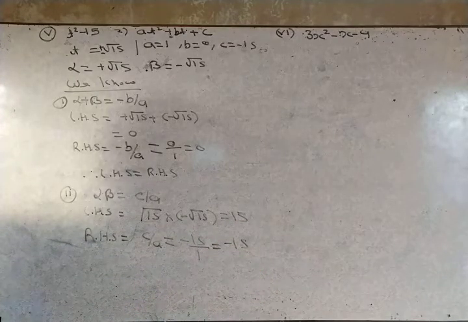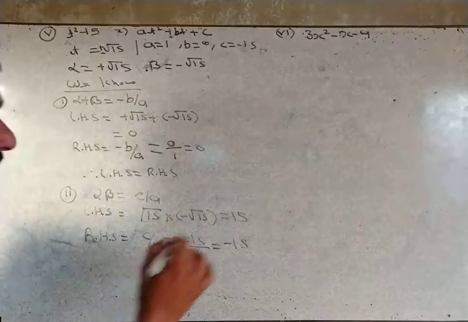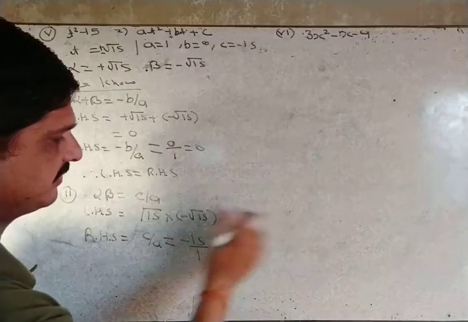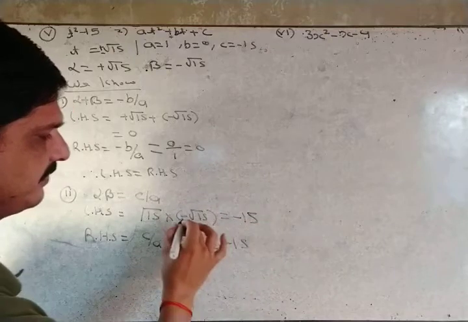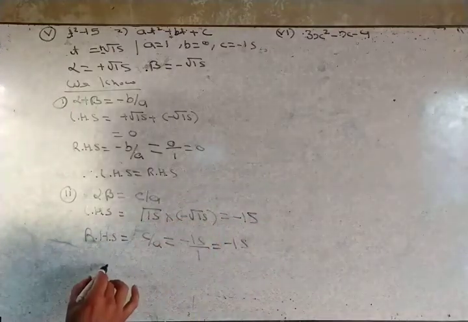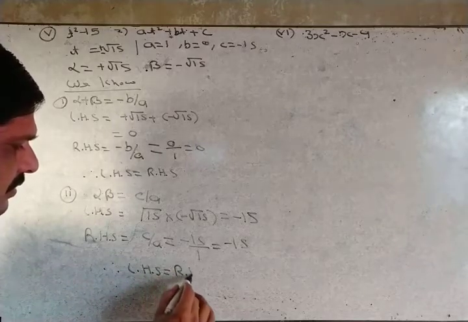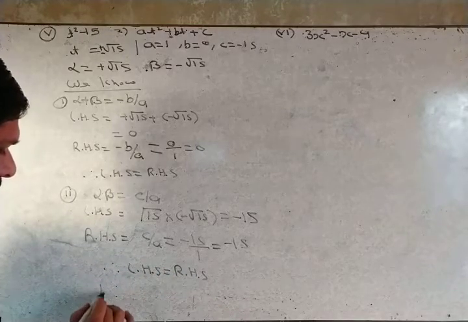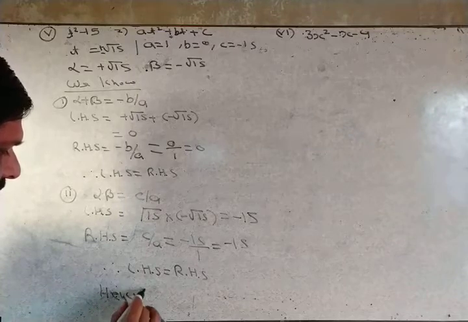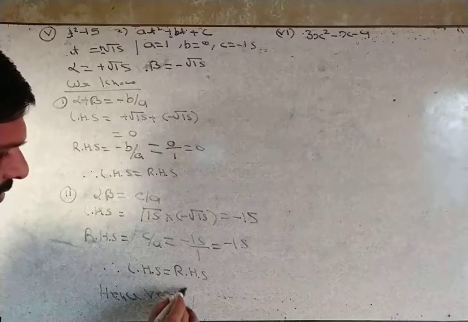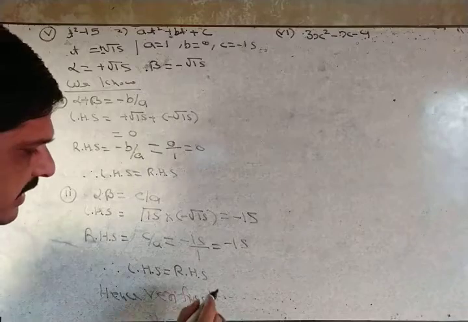What is the problem in this? We have ignored, we have not taken this minus, so therefore LHS equal to RHS, hence verified.